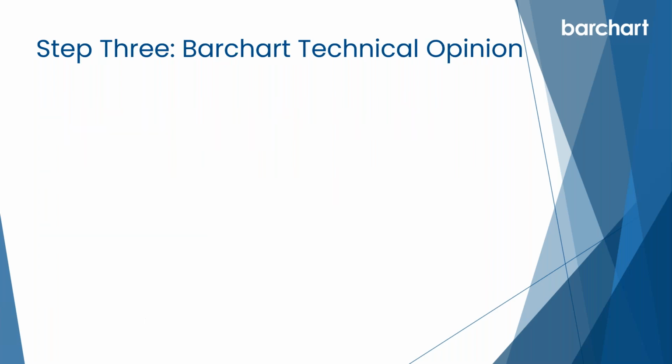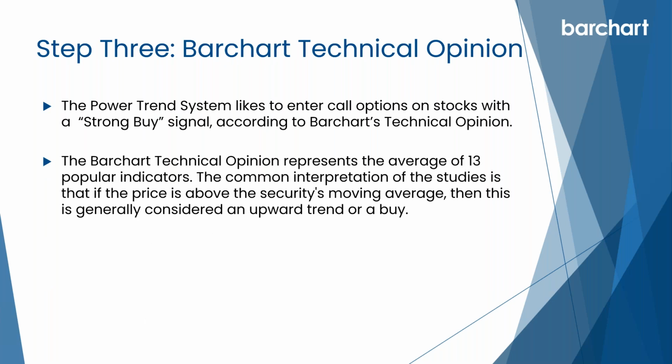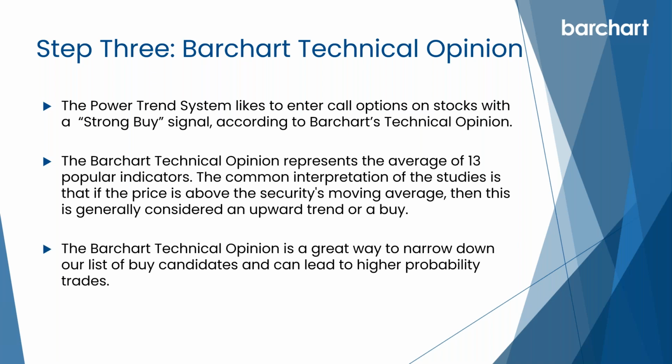All right, so step 3 was the Barchart technical indicator. We talked about how it represents 13 popular indicators and the general interpretation. And as you said, this is a great way to narrow down your buy list candidates and get higher probabilities. Again, trend's your friend, right, Chuck?